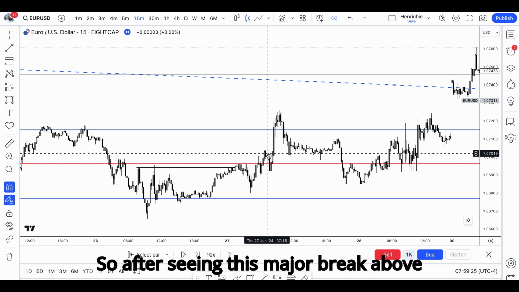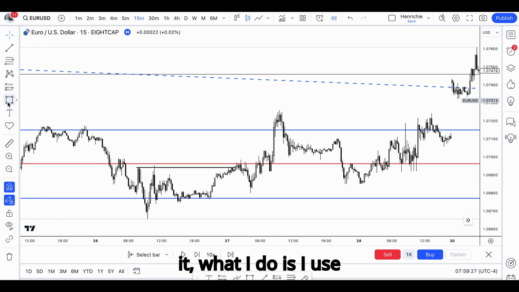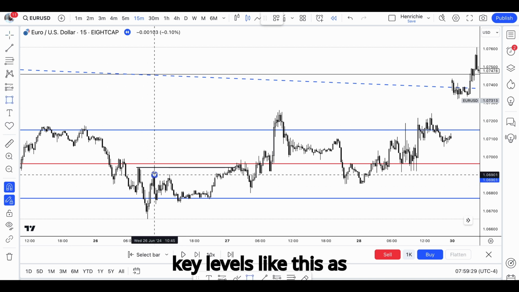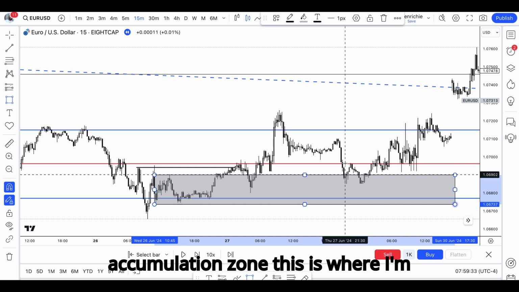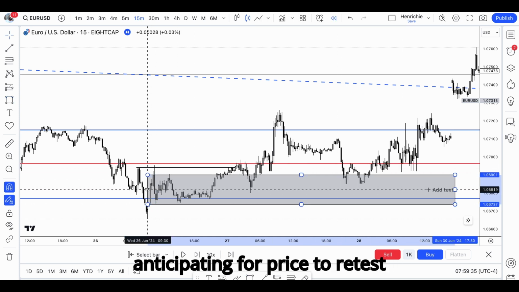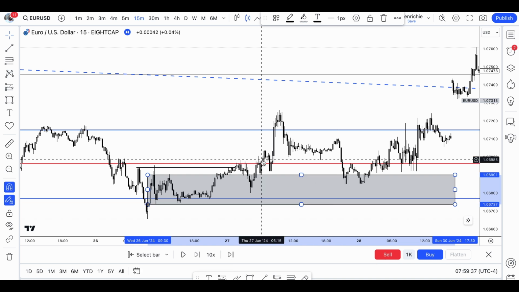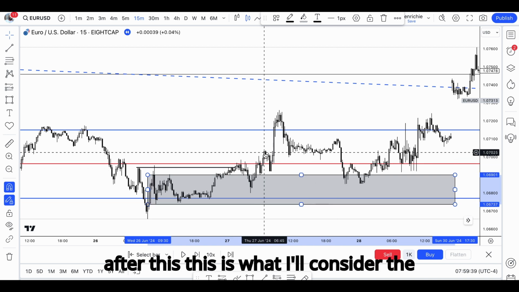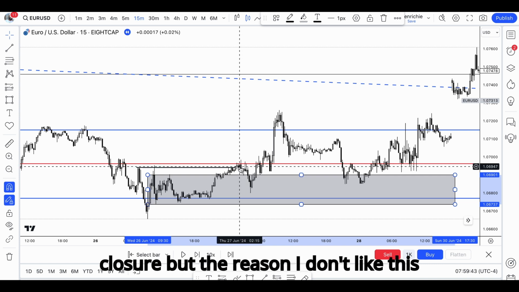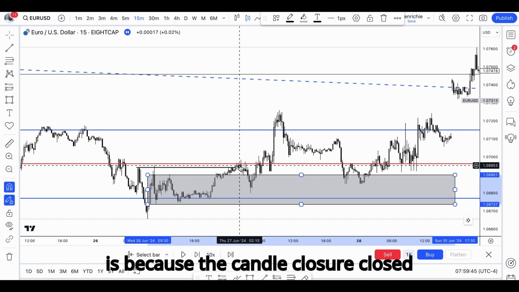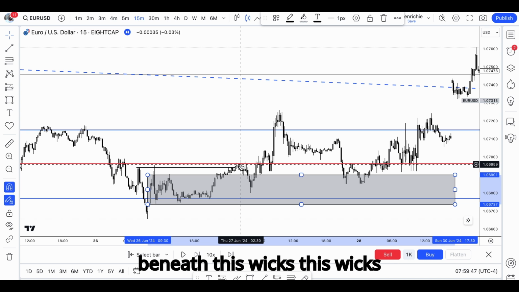So after seeing this major break above it, what I do is I use key levels like this as an accumulation zone. This is where I'm anticipating for price to retest. After this is what I'll consider the break. Even though this was a candle closure, the reason I don't like it is because the candle closed beneath these wicks.